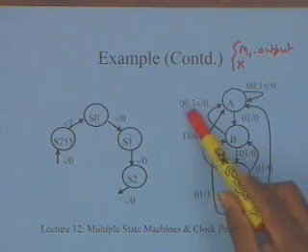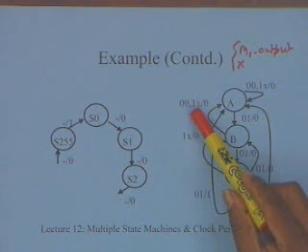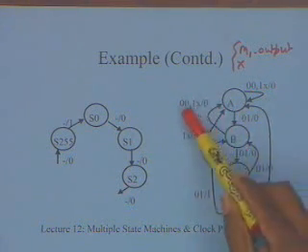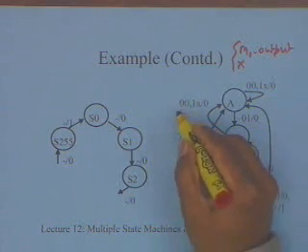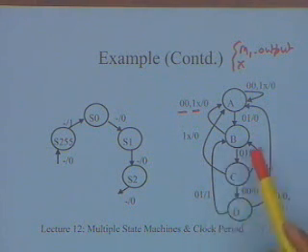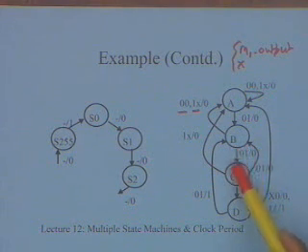When I write a comma, it implies OR. The condition is either 0 0 or 1x. These commas separate the various input conditions for this transition, and they essentially correspond to the OR of these conditions. Now let us look at B. So B again goes to 0 1.